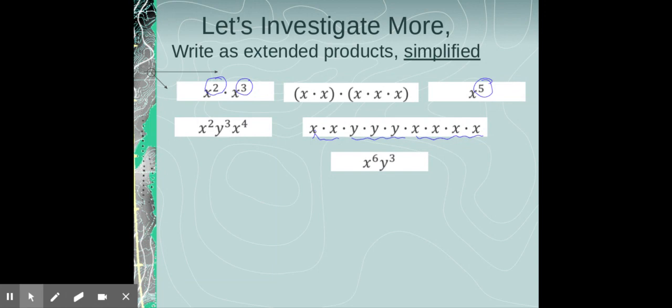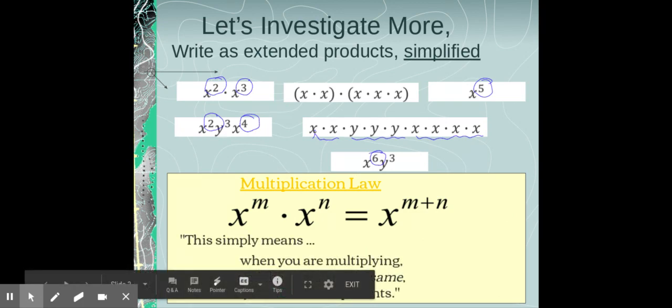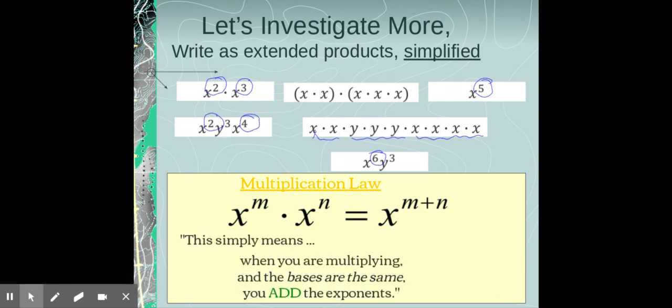Now, maybe you're starting to see it. And if you're starting to think that, hey, when I look at these exponents, the answer that I get at the end seems to be those two things added together, you're absolutely right. So we have a law for that: if you multiply two exponential expressions together that have the same base, in this example x and x, then you keep the base and you add their exponents together.